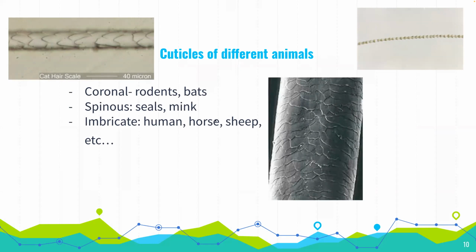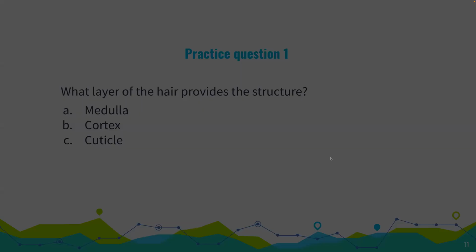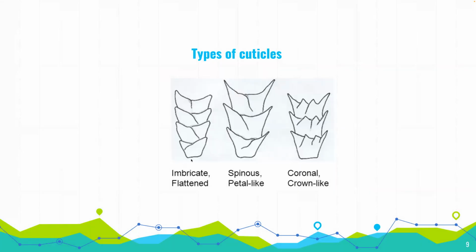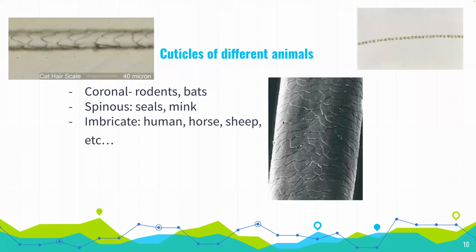And lastly, there's imbricate, so human, horse, sheep, etc. This is definitely, in my opinion, a better picture than here, because you can actually see that they're very flat. This is a picture with the scanning electron microscope, and I think this is from a stereomicroscope, but we'll get into the different types of microscopy later.